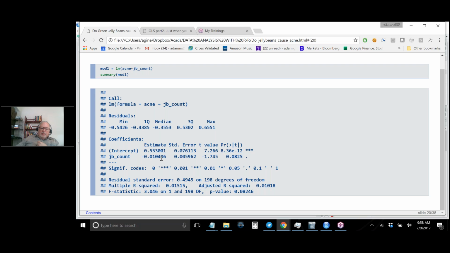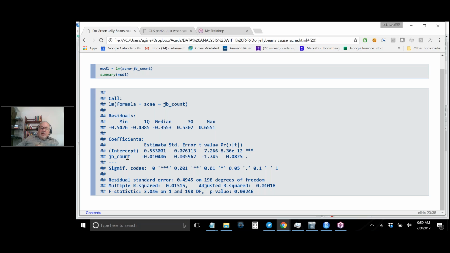It gives you an estimate of 0.01, and notice it calculates a t-value that isn't so large. It says that there's an 8% chance of getting a value this large if the true coefficient is 0. But 0.08 is bigger than 0.05, so we're going to accept the hypothesis that this true value of this variable is 0.